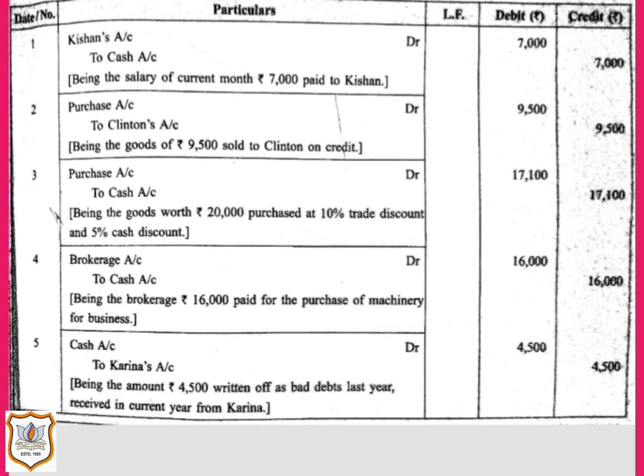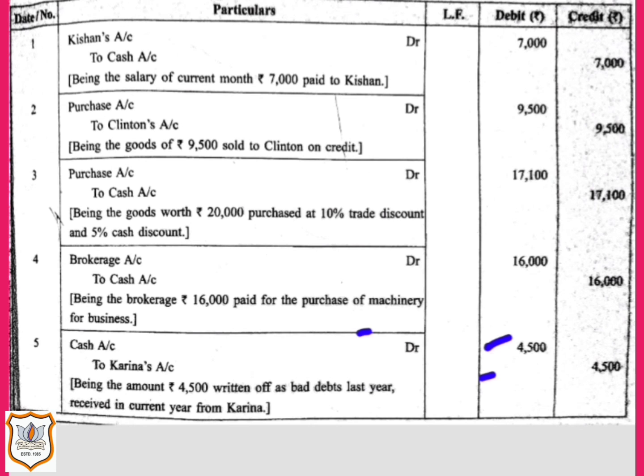Here it is. Cash account is debited by rupees 4,500 and Karina's account is credited by rupees 4,500. And in the narration, it is given that being the amount of rupees 4,500 written off as bad debts last year received in current year from Karina.